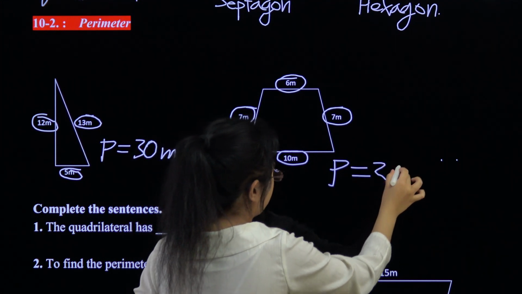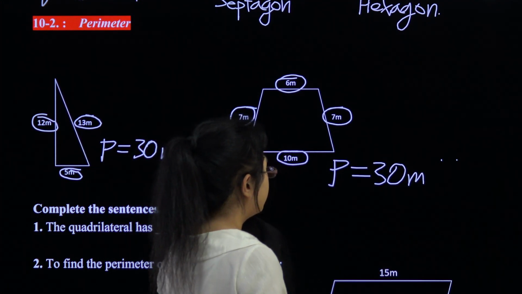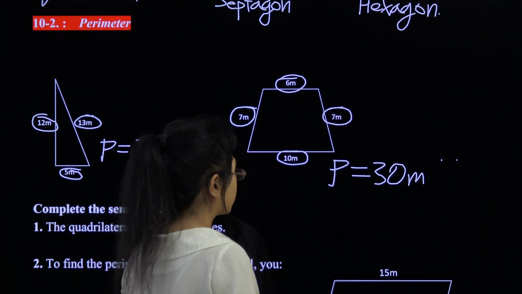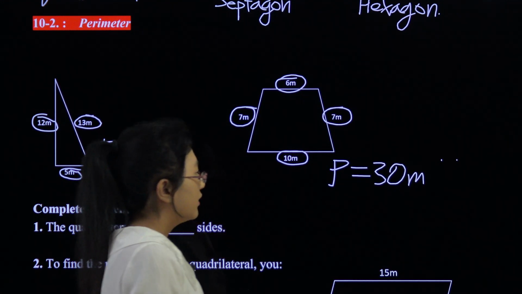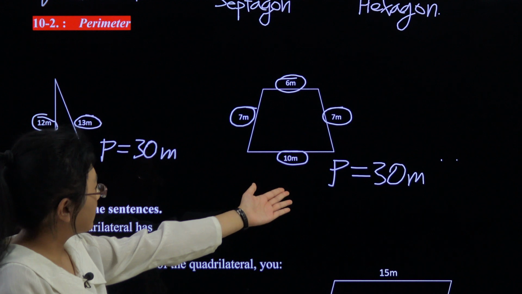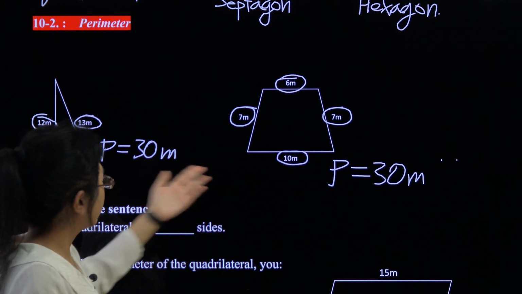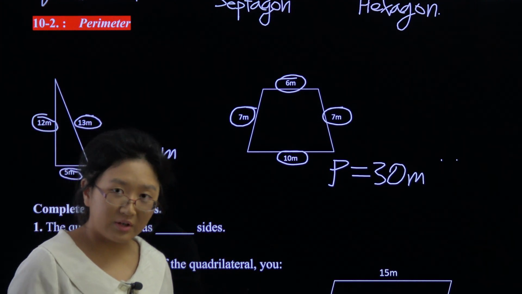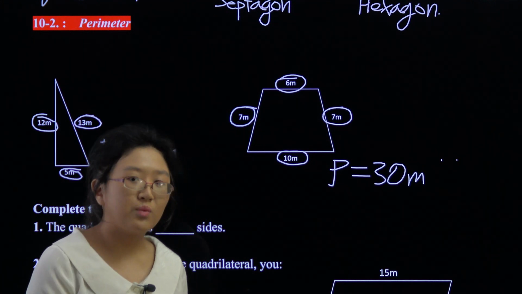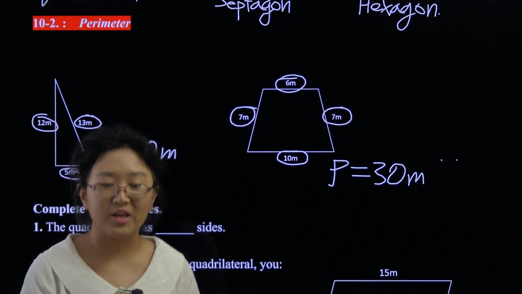Perimeter is 30 meters. Again. Oh, that's impressive. Now you may be asking me why there's just this uppercase P over there. Well, perimeter is usually represented by an uppercase P.